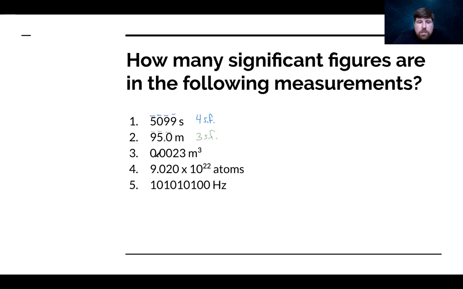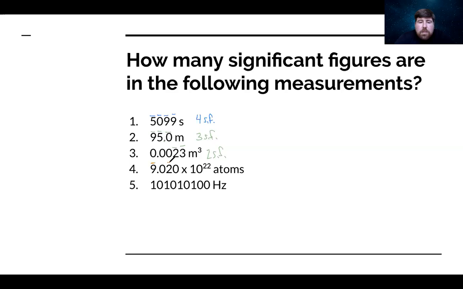The next one is 0.0023 meters cubed. As far as this one, the 2 and 3 are significant. The zeros up front are leading zeros, and leading zeros are never significant. This one has two significant figures. Moving on, we have 9.020.